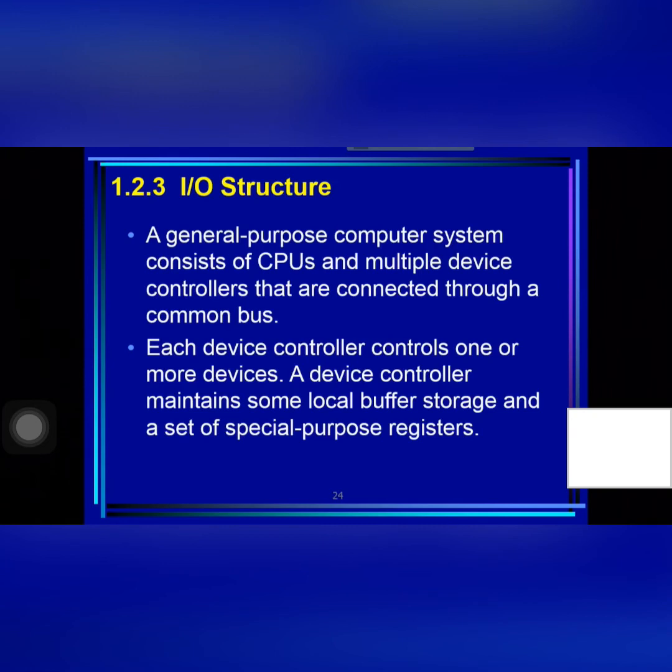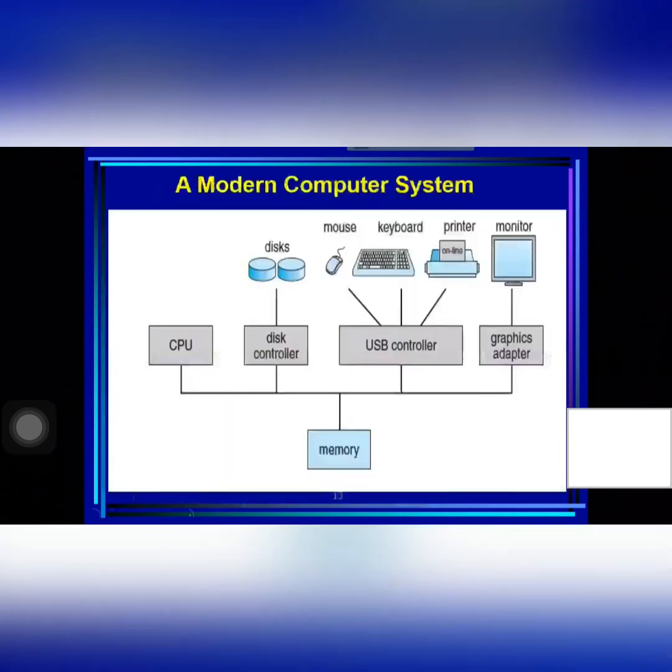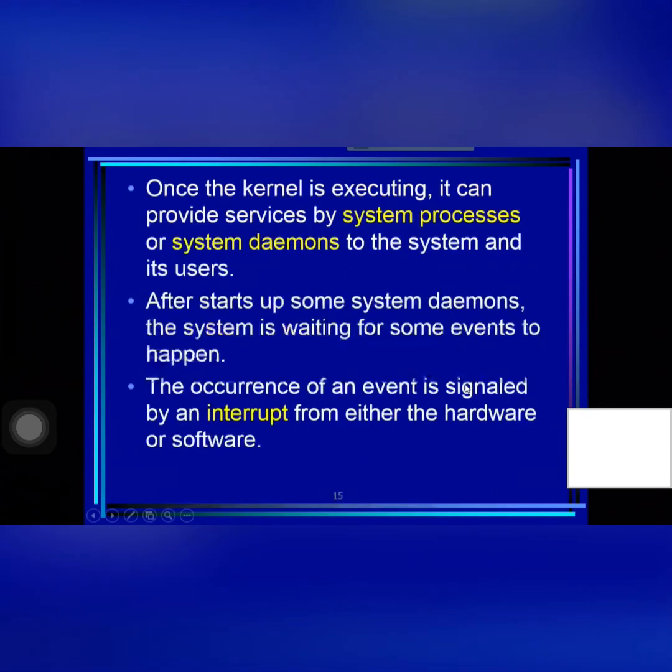A general-purpose computer system consists of CPUs and multiple device controllers that are connected through a common bus. In this picture, the disk controller, USB controller, and graphics adapter are all device controllers.